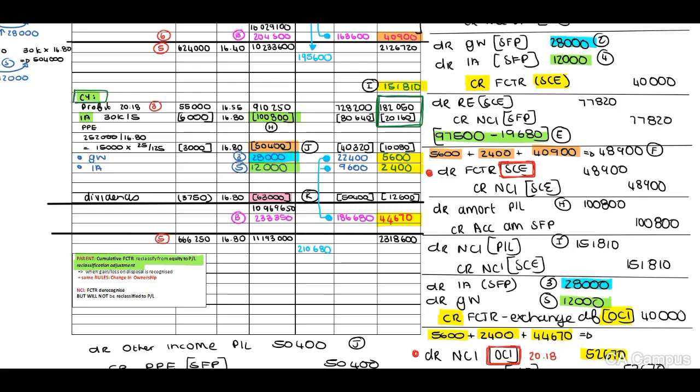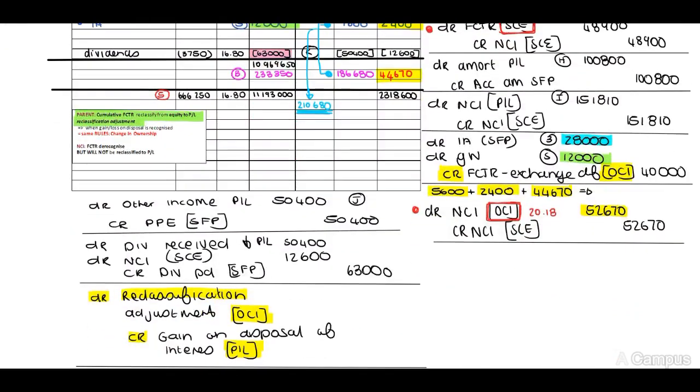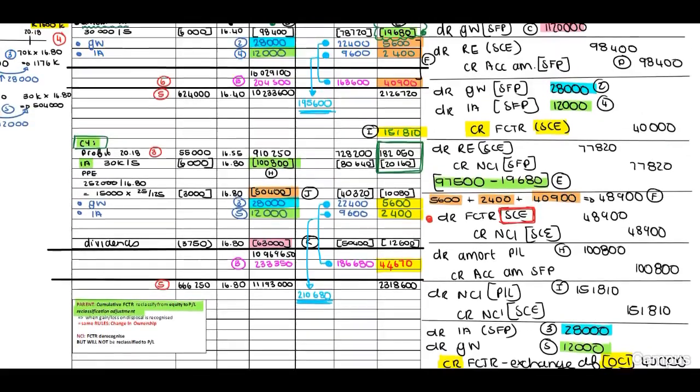This total, guys, is 210,680. Do you see this? Therefore, we are able to identify the total FCTR that we have allocated to our parent is an amount of 406,280.